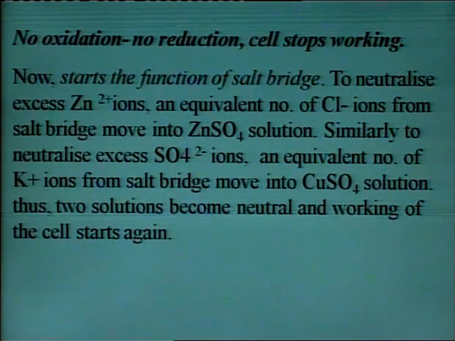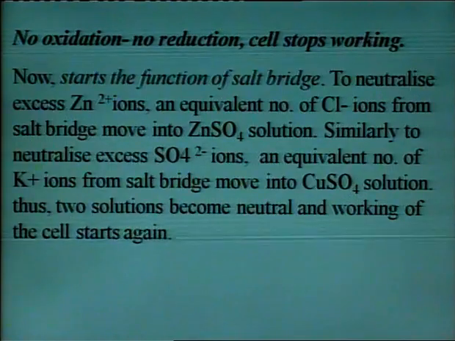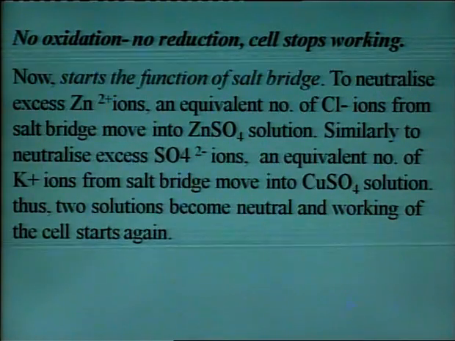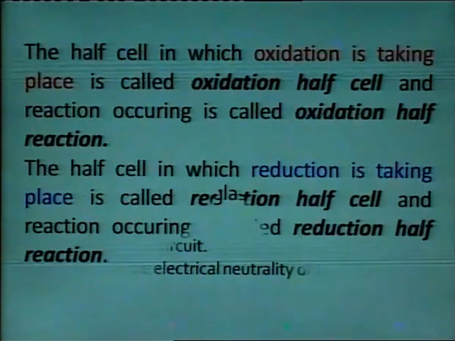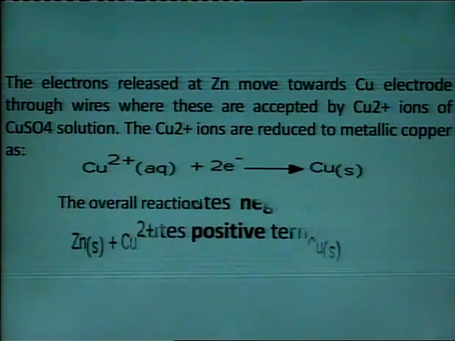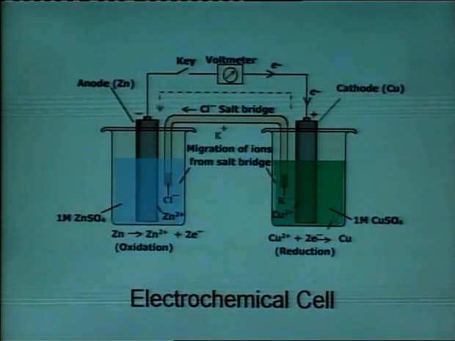So, now starts the function of the salt bridge. To neutralize excess zinc ions, an equivalent number of chloride ions from the salt bridge move into the zinc sulfate solution. Let us see again this electrochemical cell, how it maintains electrical neutrality.